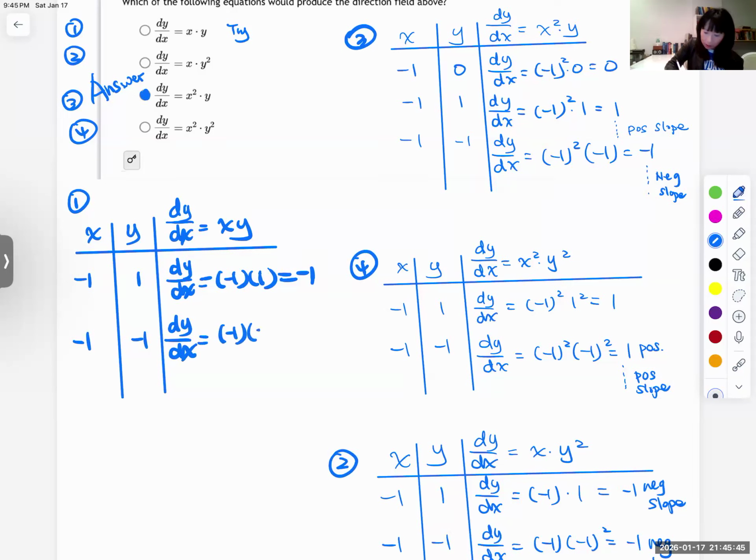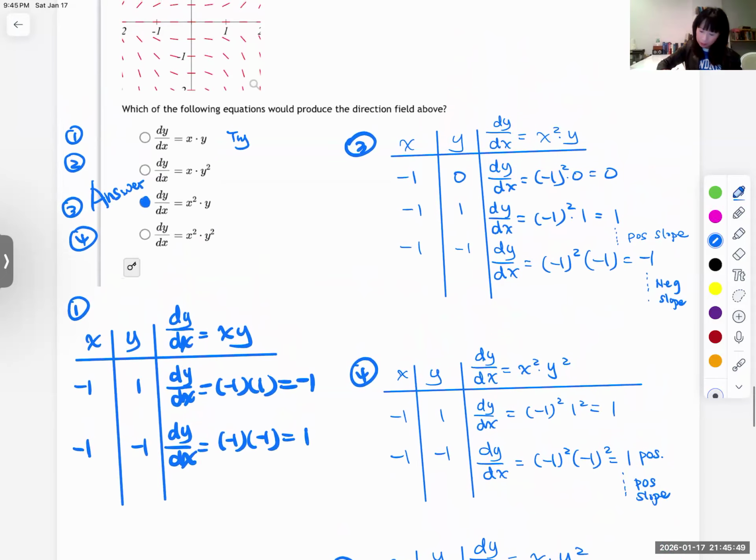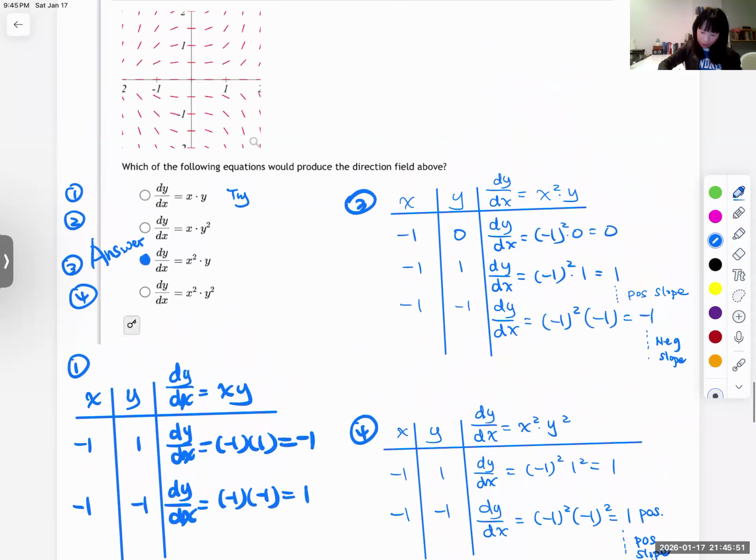Negative 1 times negative 1 is a positive 1, so positive slope, 45 degrees. But then it's a positive slope in my calculation, so this is not the one. Should be positive. Make sense?